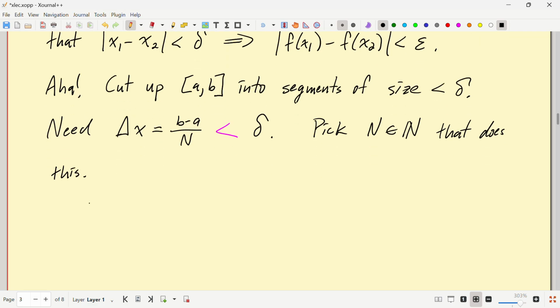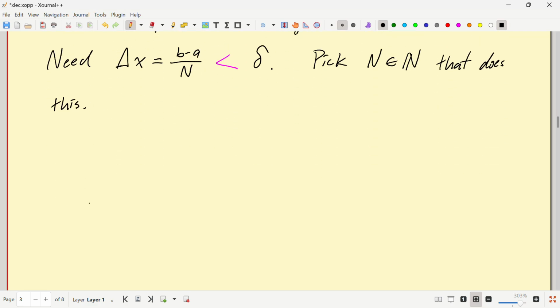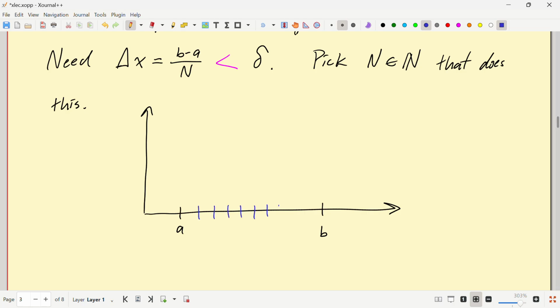Then the construction of a step function is a snap. I'll just draw the picture rather than write out the details. I'd have an a here and a b here, and I partition the interval like that.